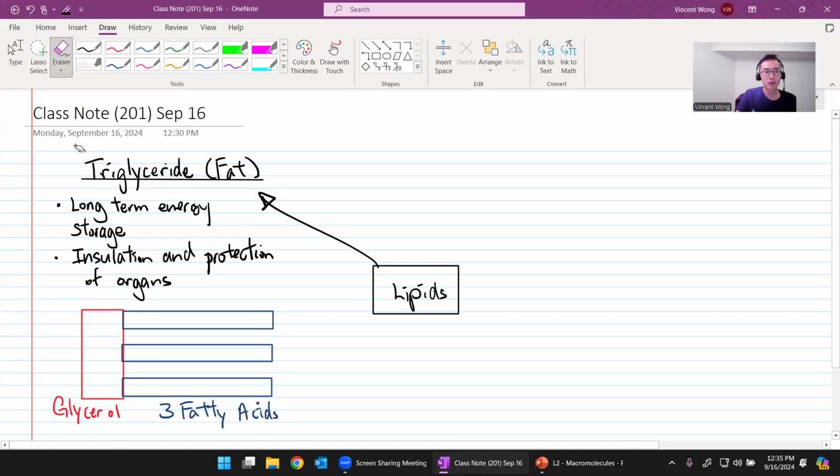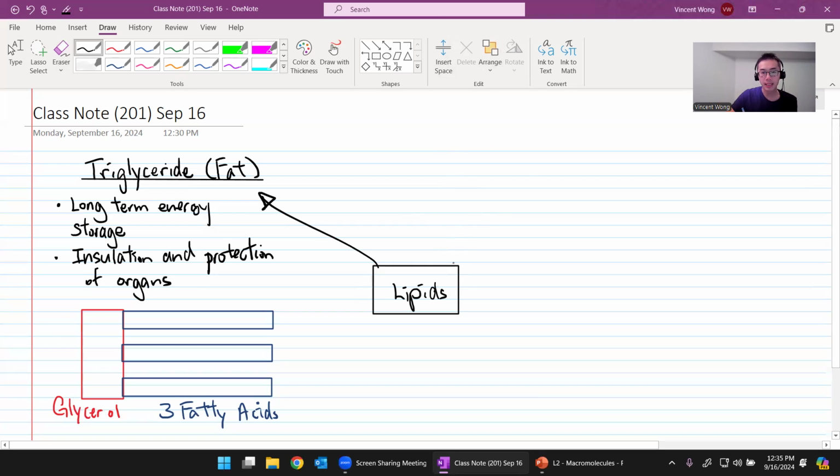And that's why the name is triglyceride. Tri means 3. Like triangle has 3 sides, tricycle has 3 wheels. Triglyceride has 3 fatty acids. So that's pretty much all you have to know for fat at this moment. This is just an overview. When we go through the PowerPoint slides, it will make more sense to you.